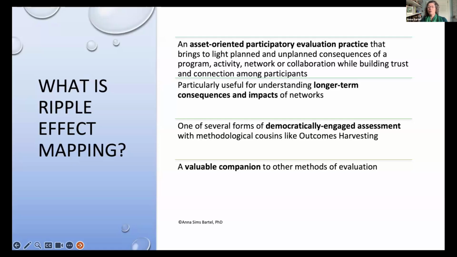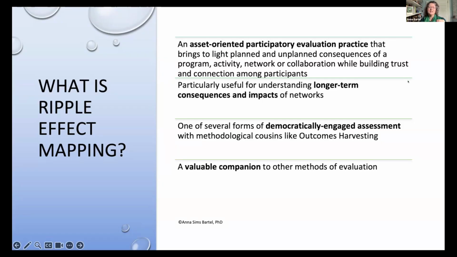So now, what is ripple effects mapping? Many of you probably know by now that it is an asset-oriented, participatory evaluation practice that brings to light planned and unplanned consequences of a thing, a program, an activity, an intervention, a collaboration, a network.